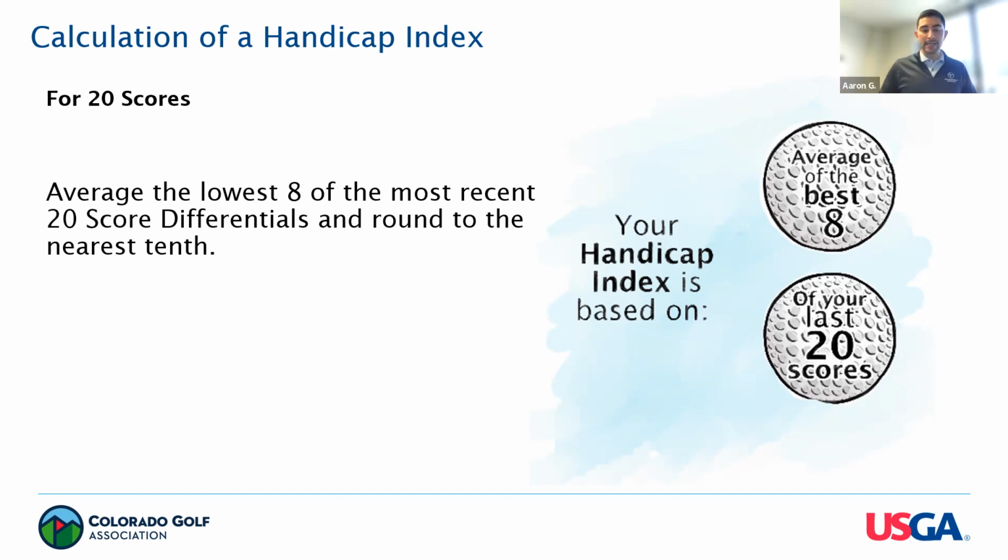A lot of people think their handicap index is comprised of the lowest scores and the average of those. That's kind of correct. Every score you post calculates a score differential, and your handicap index is then based on your 8 lowest score differentials.